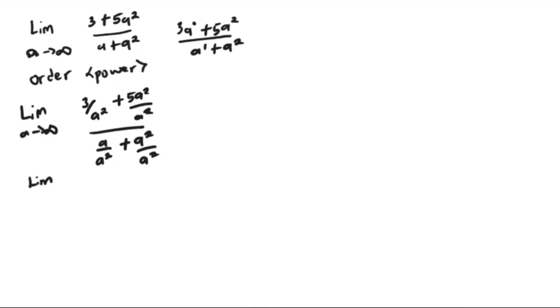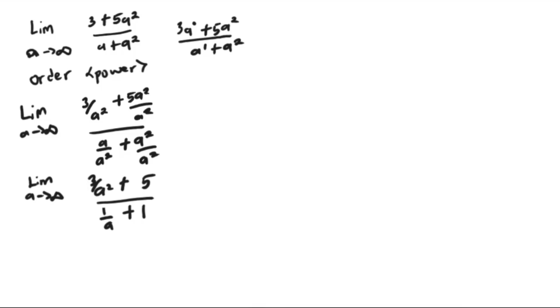So this gives us the limit as a tends to infinity of 3 over a squared plus, for 5a squared over a squared, that will remain 5, plus a divided by a squared, that will give us 1 over a, plus a squared divided by a squared, that will give us 1. Now we have gotten 3 over a squared plus 5, divided by 1 over a plus 1.